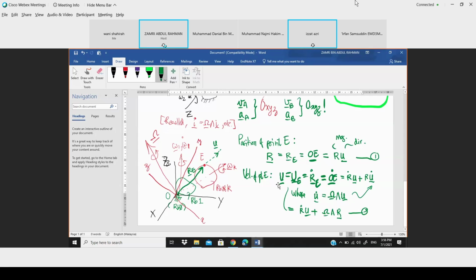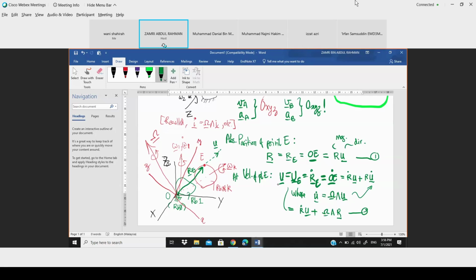Now we want to derive, for completion, the acceleration. Oh, by the way, this is absolute. I add a bit: this is absolute. Why absolute? Because it is measured with respect to a fixed point.